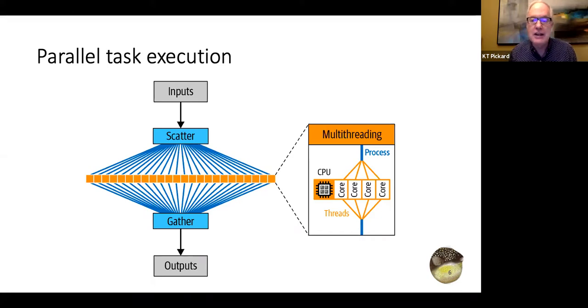We'll talk a little bit more about multi-threading here, just to introduce the concept on the right. Another relatively modern concept is multi-threading, which is how we take a process, represented by the blue line, and spread it across the cores of a CPU. And then we gather those threads at the end. It's a way of speeding up processing, and it's something that you code for to make those improvements.